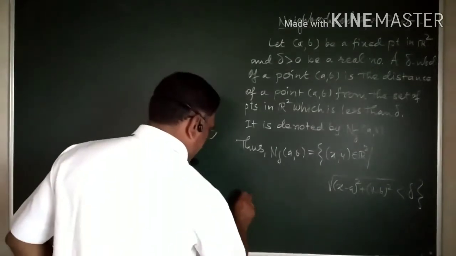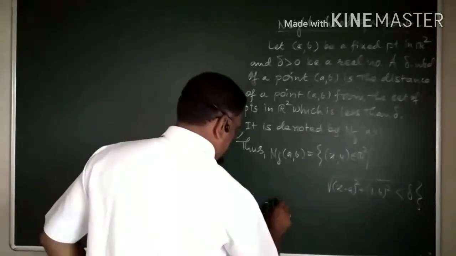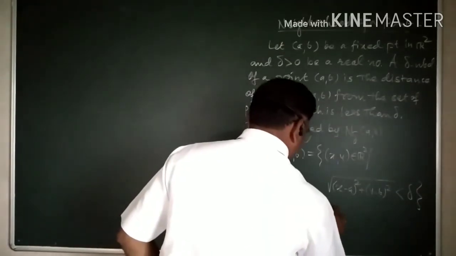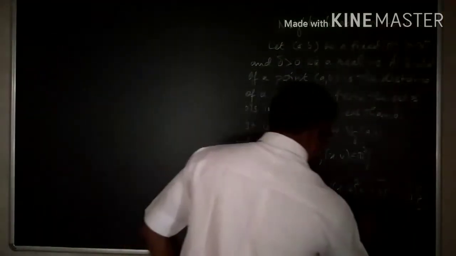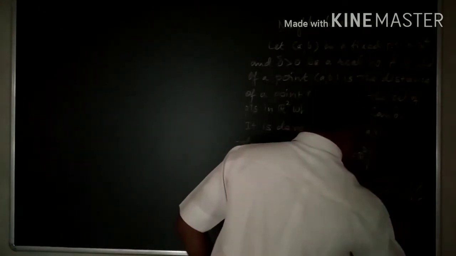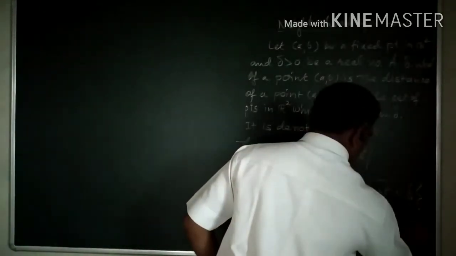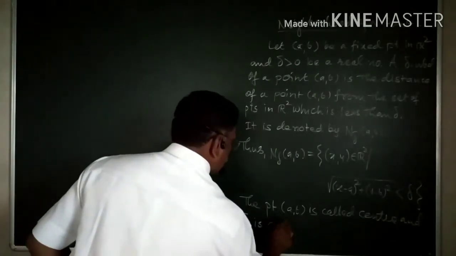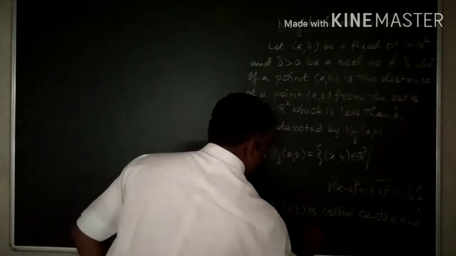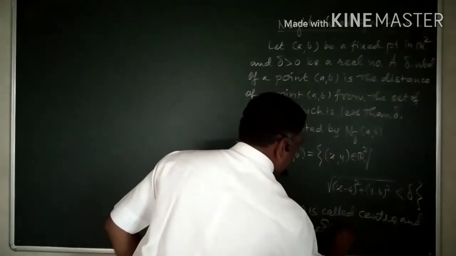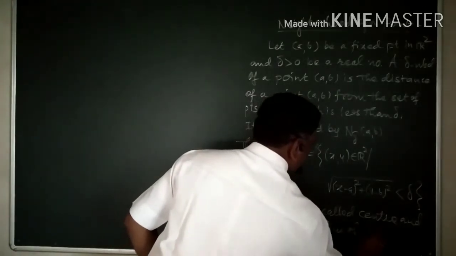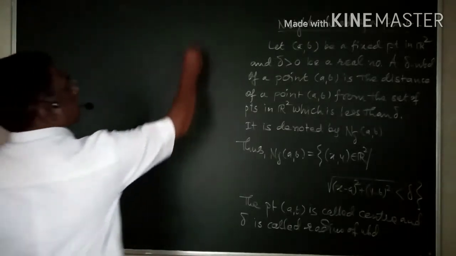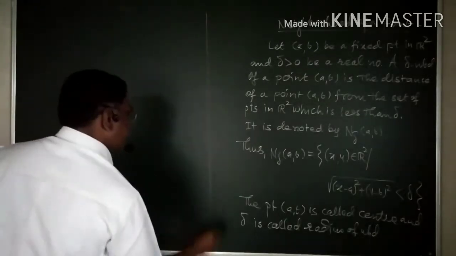Here the point (a, b) is called the center and delta is called the radius of the neighborhood.